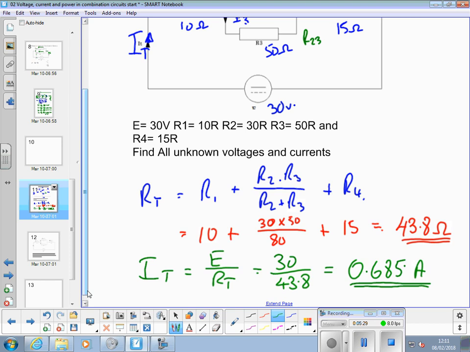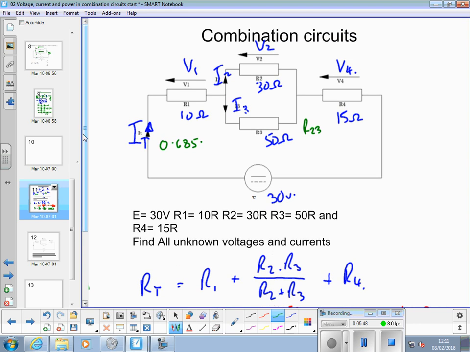So I'm going to put 0.685 amps on the board diagram as well in case we need it. What can we do now that we know that?